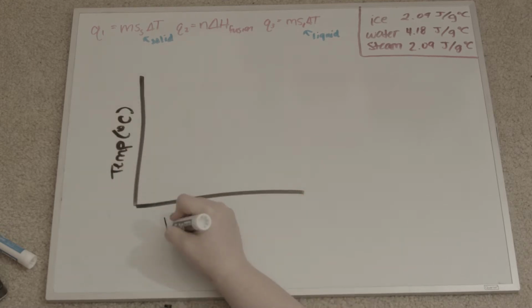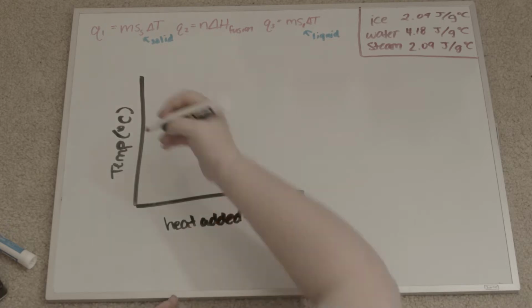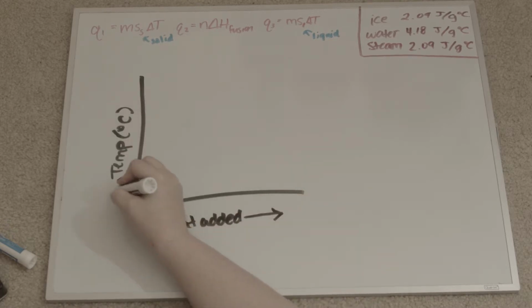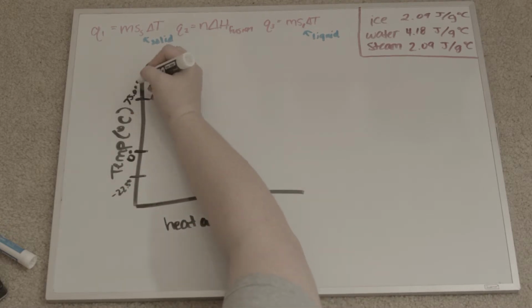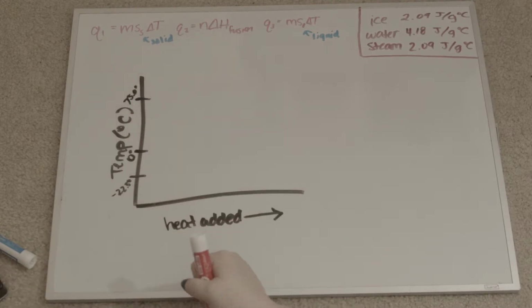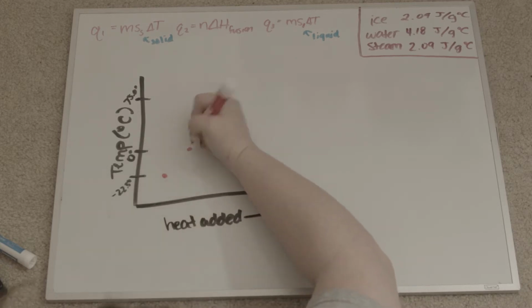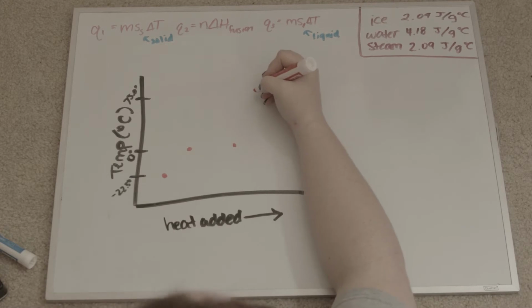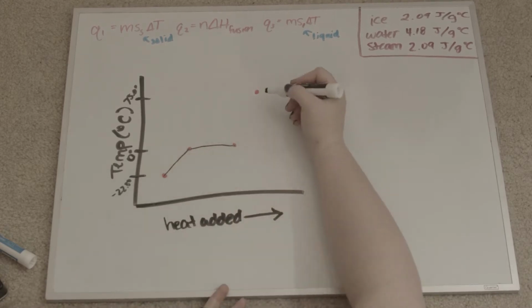Okay, so you want to do your little phase diagram type thing. It helps if you visualize it. So you want to do temperature in degrees Celsius by the heat added. So you put your negative 22.5 degrees, your 0 degrees, and your 75.0 degrees, so you know where to mark where the changes occur.